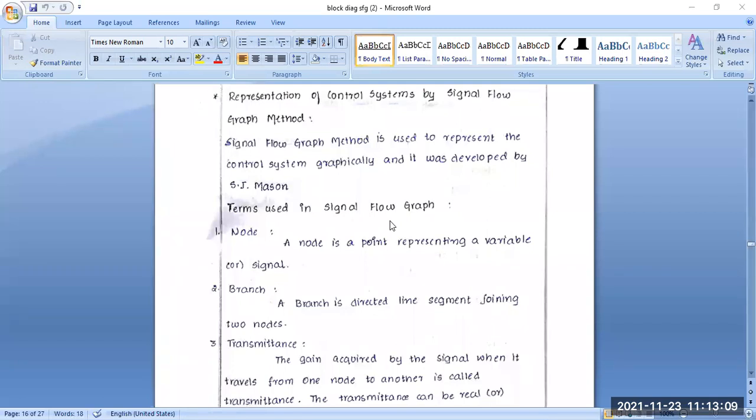So we have to accommodate this big control system, or make it smaller in area, in the representation of the block diagram reduction technique.